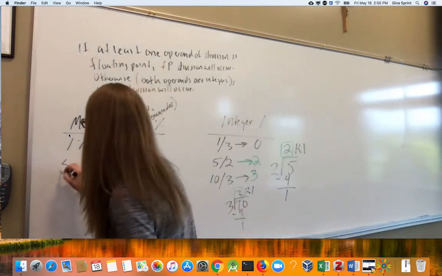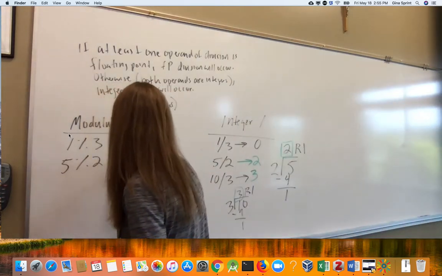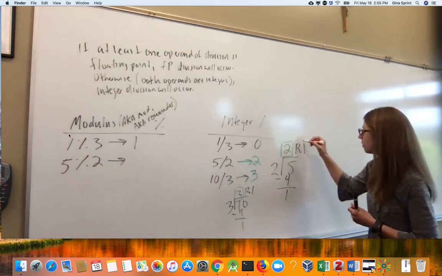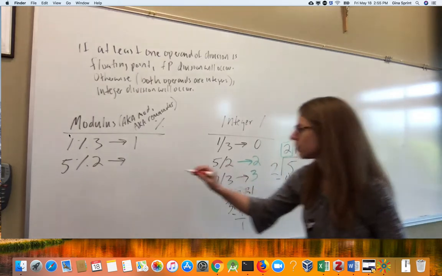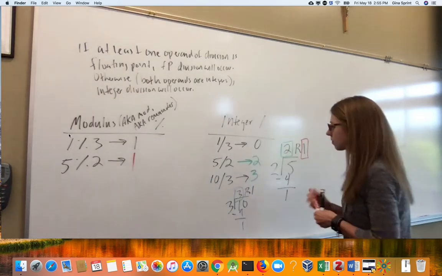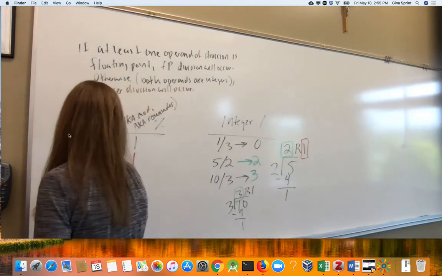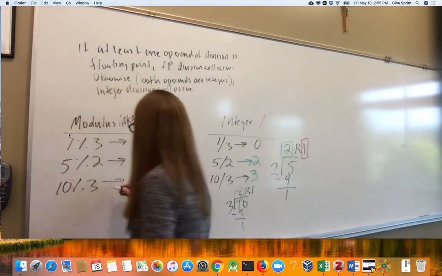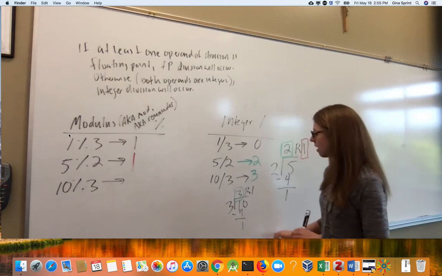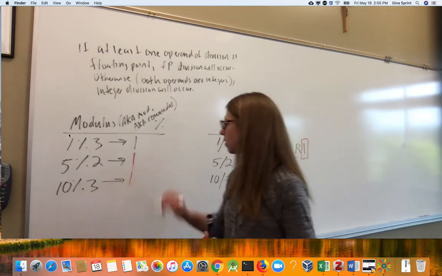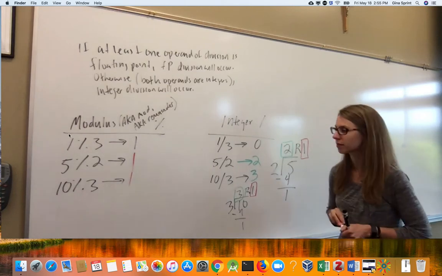So 5 mod 2 is 1. Ten mod 3. 3 goes into 10 evenly 3 times with remainder of 1. So this is 1 as well.